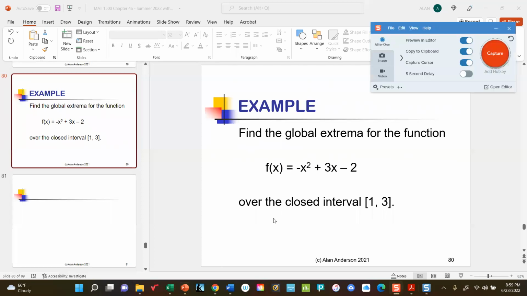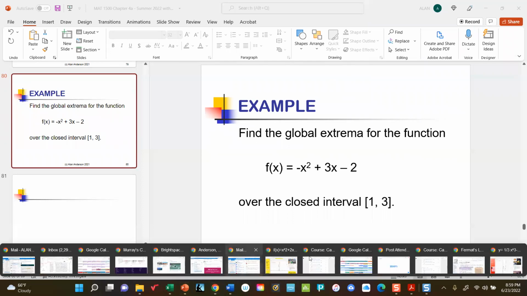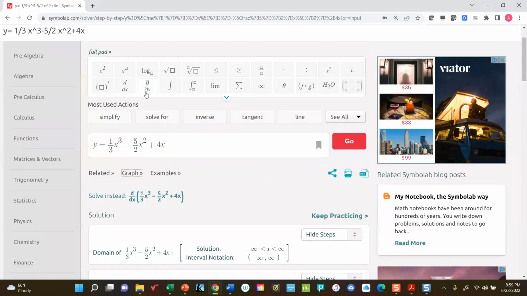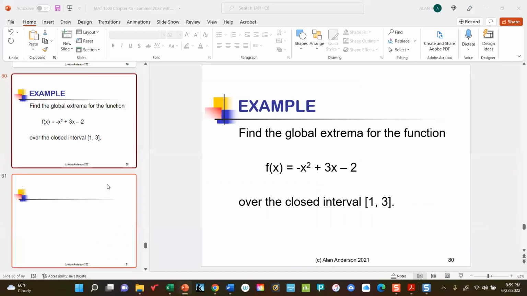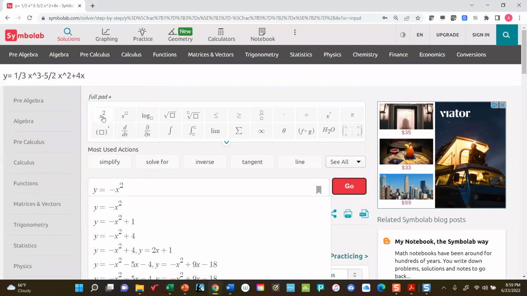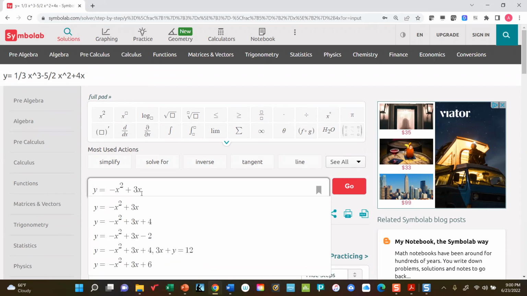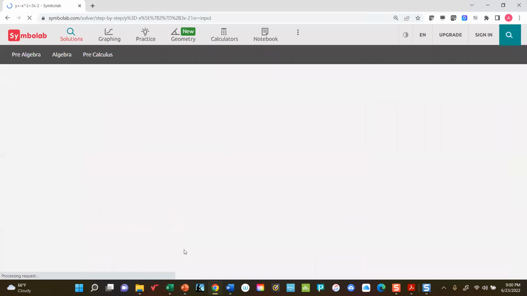So I think what we should do is just see what this thing looks like, and then focus our attention on that interval. So it's negative x squared plus 3x minus 2. So this is what the graph looks like.